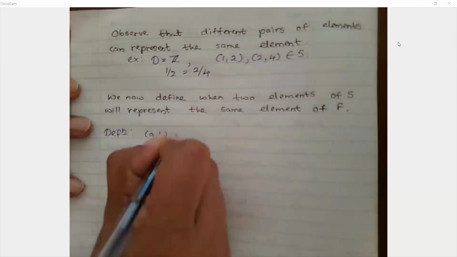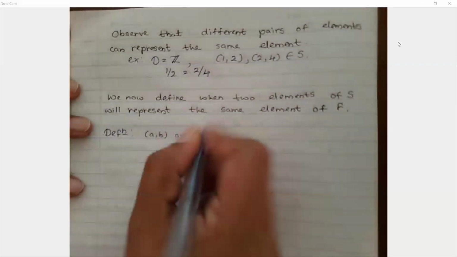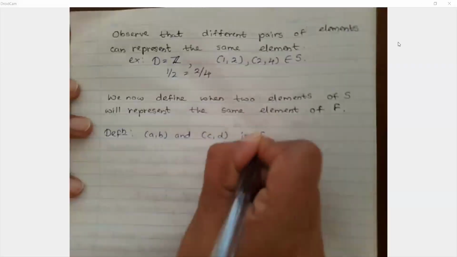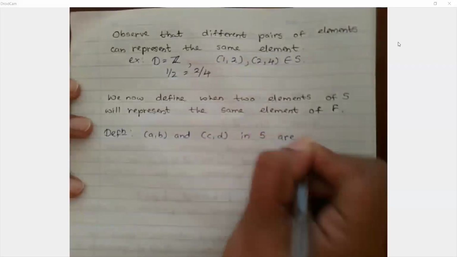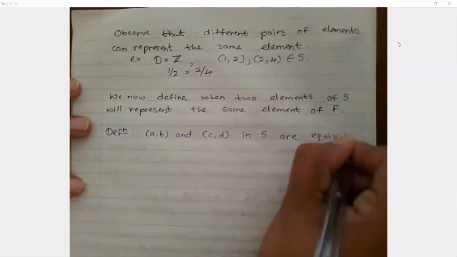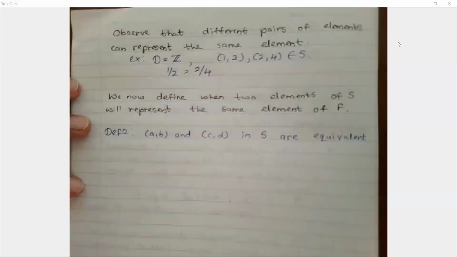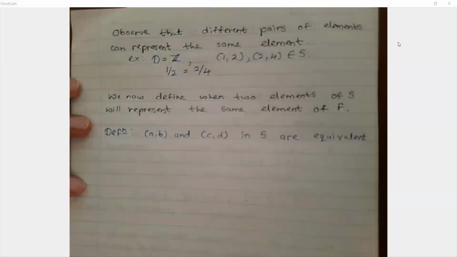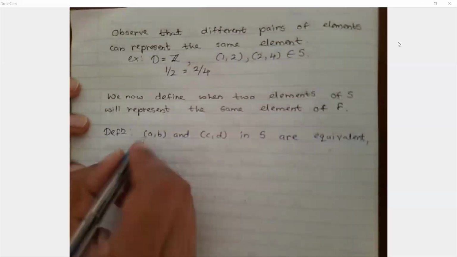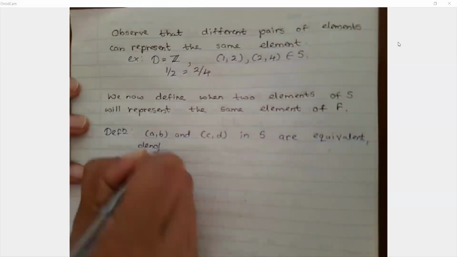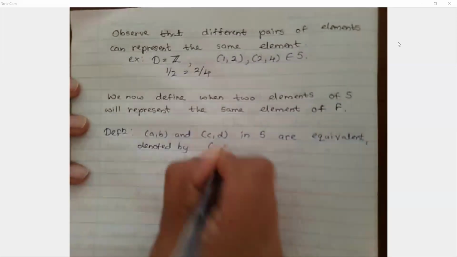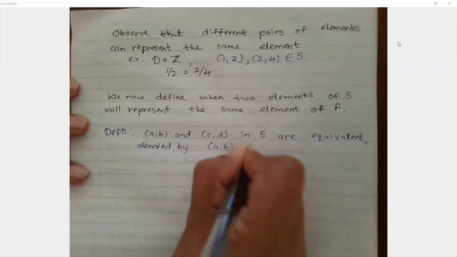AB and CD in S are equivalent, and we denote this equivalence by AB tilde CD.